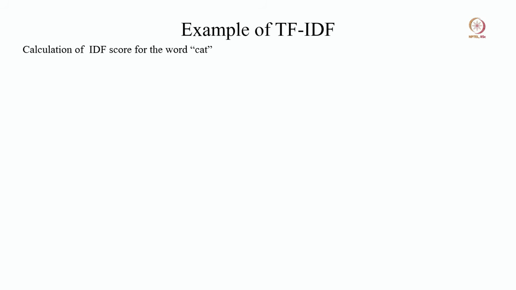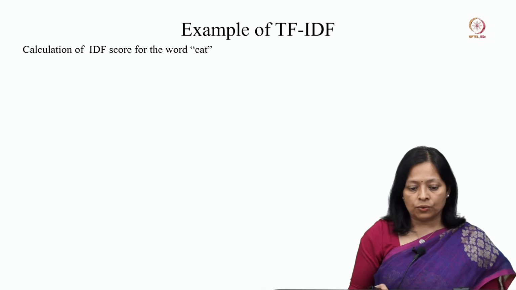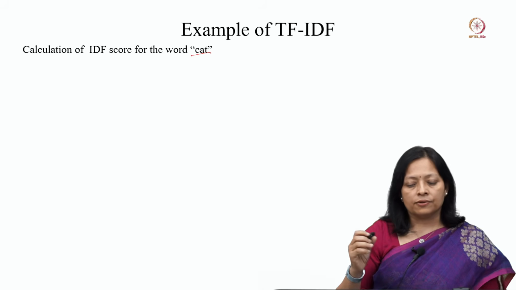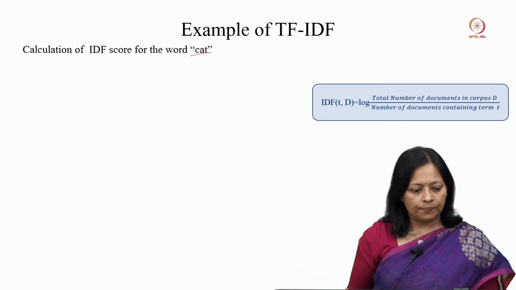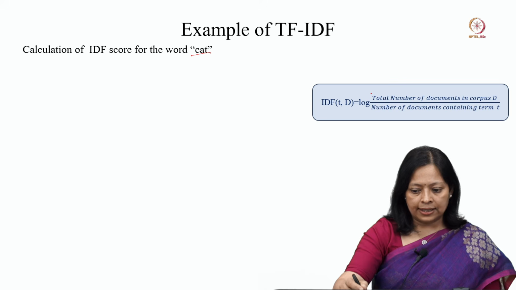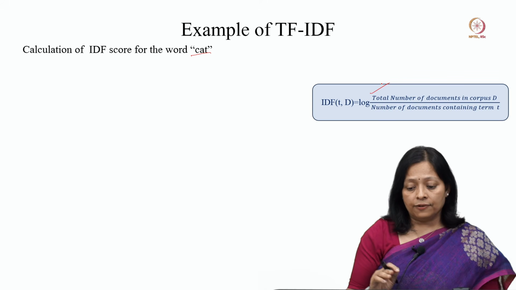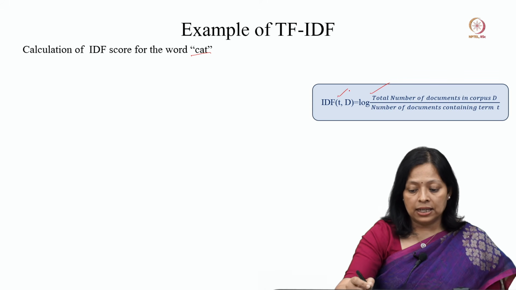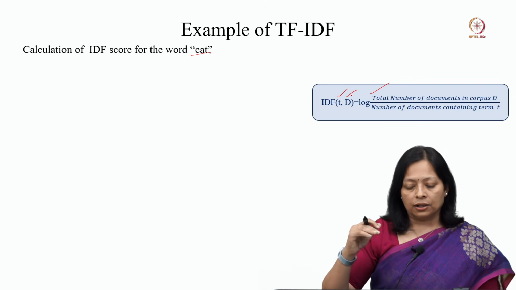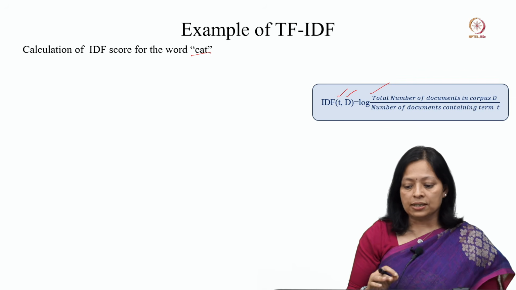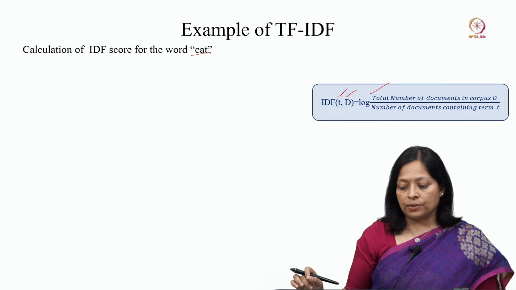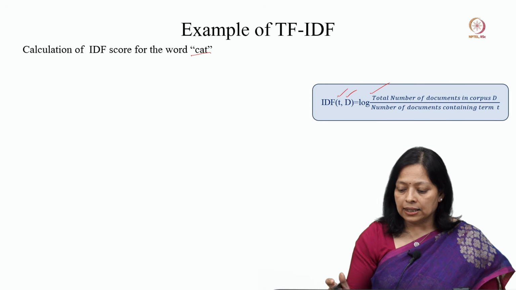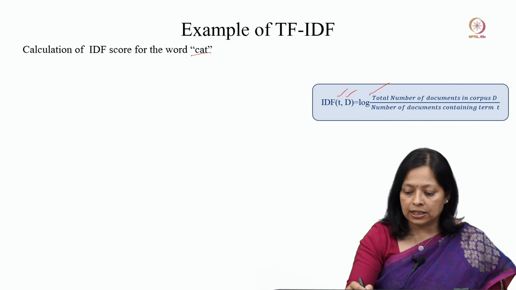Then we will see the calculation of the IDF score for the word cat. How do I find out the inverse document frequency for the same word cat? Here is the equation: IDF for the term T in the corpus D equals log of the total number of documents in corpus D divided by the number of documents containing the term T. Okay.